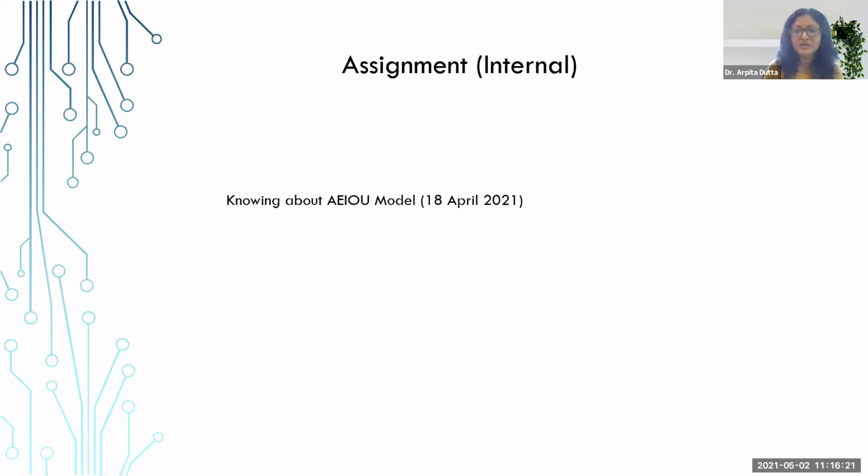No. This is one of the models for training measurement and evaluation. Like the way we have Brinkerhoff, Anderson, Kirkpatrick, right? I would say it's not the same, but yes, it adds value in the overall training measurement and evaluation. There are two other approaches, action research and appreciative inquiry, which we will discuss not today, but maybe in the next class or the last class, the revision class.